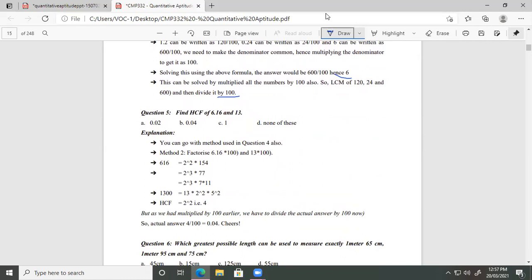Find the HCF of 6.16 and 13. So for factorization, 6.16 multiplied by 100 and 13 multiplied by 100. So 616. Here 616 is divided by 2 to get 308.